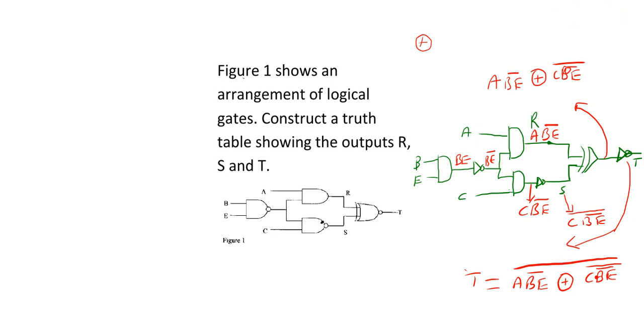So we get 2 power 4 to get 16 rows. So we are going to draw the truth table, which consists of 4 inputs. And the inputs are A, B, C, and E.